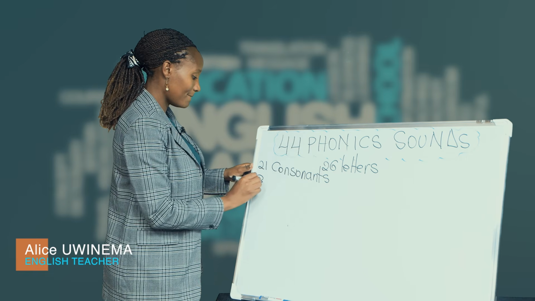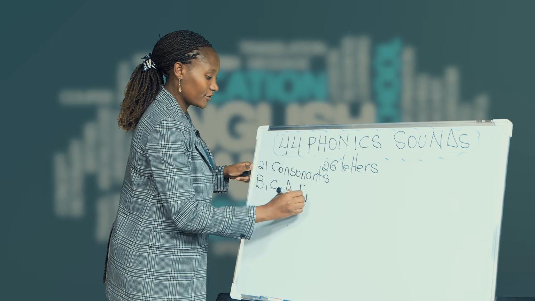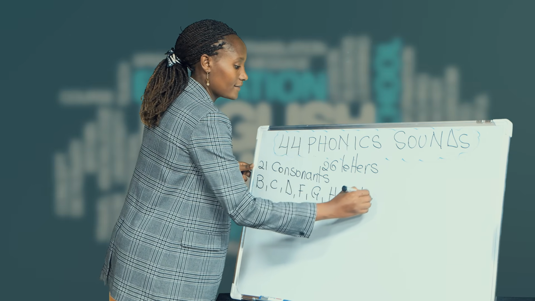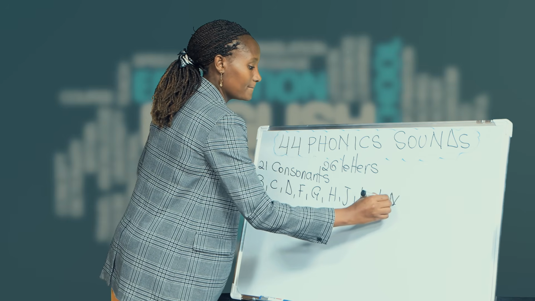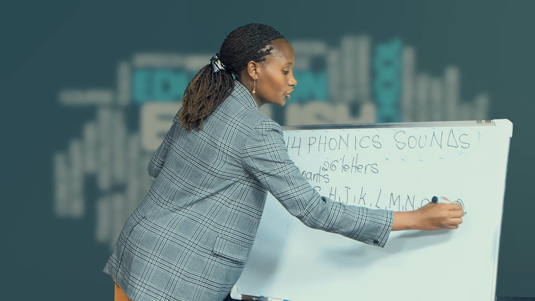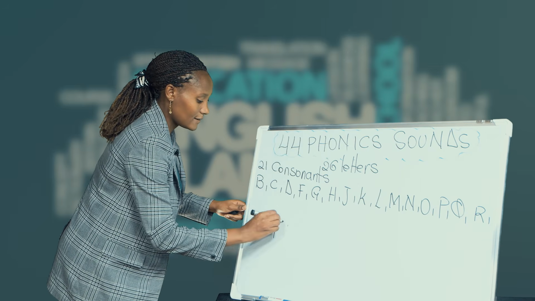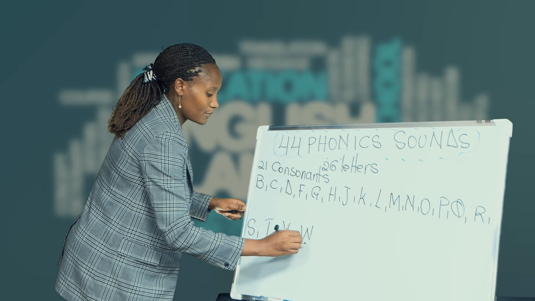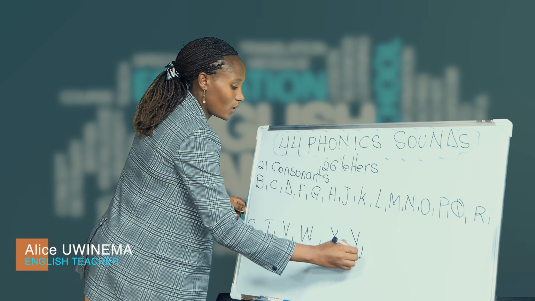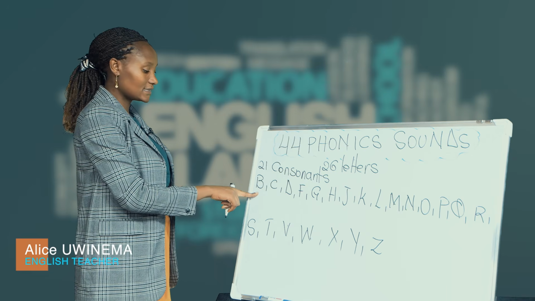And these are B, C, D, F, G, H, J, K, L, M, N, P, Q, R, S, T, V, W, X, Y, and Z. Each of these letters has a sound.